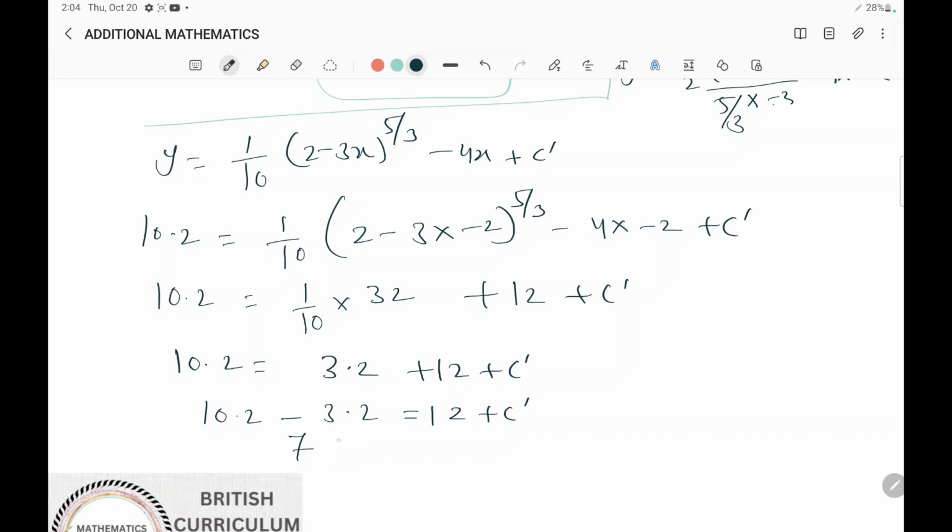So 7 equals 12 plus c dash. So c dash is 7 minus 12, which is minus 5. Okay. Now, can we verify it once again? Yes, minus 4 times minus 2, see here I did it right, and that's why we should cross verify.